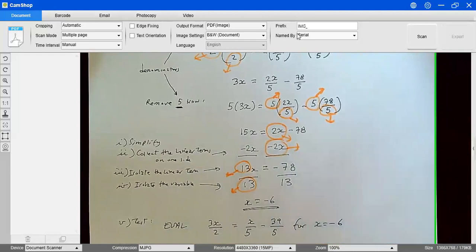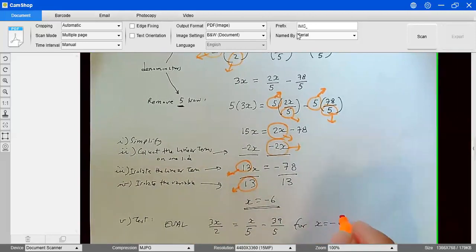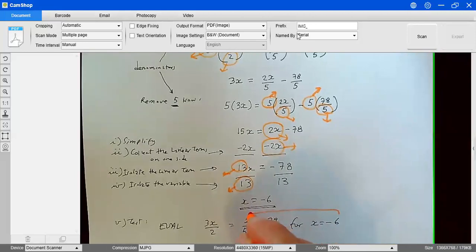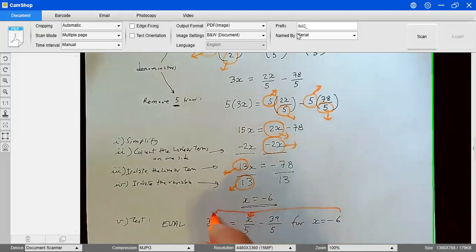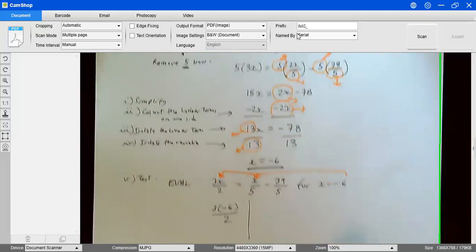equals -6. So we're going to replace every x with -6. So there are x's in two places. So we're going to write 3 times -6 over 2. That's the left-hand side.